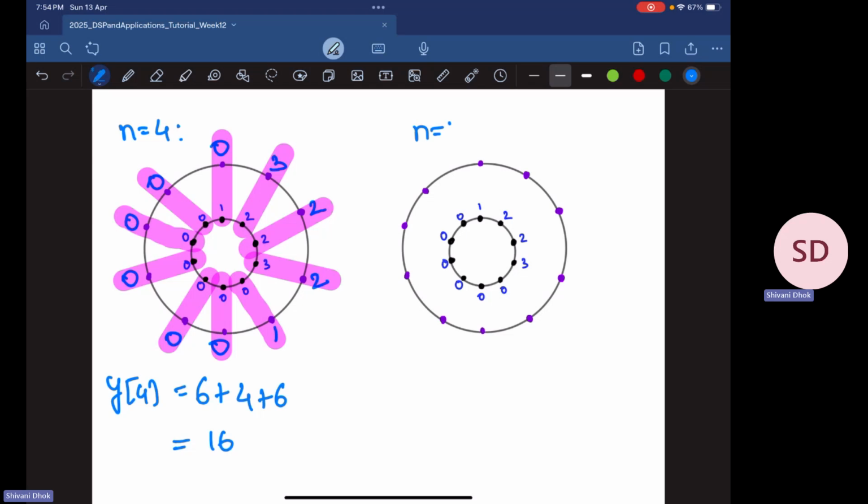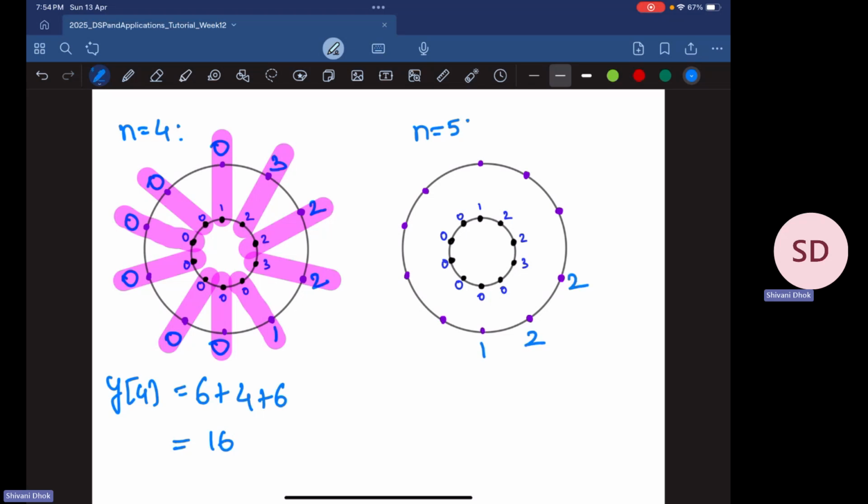Now let us do it for n equal to 5. We'll again move this one in this direction. So what we get: 1, 2, 2, 3, 0, 0, 0, 0, 0, 0.